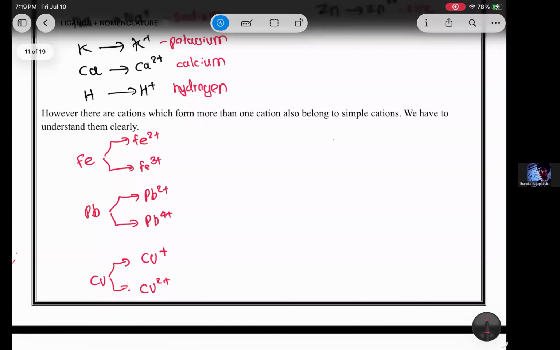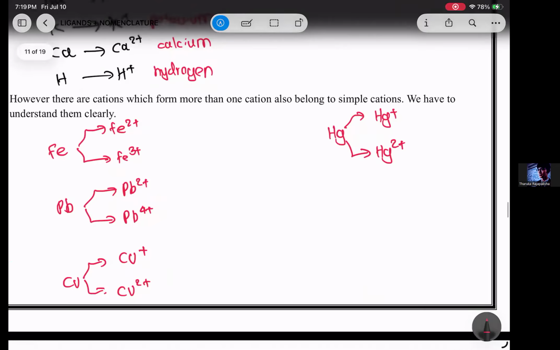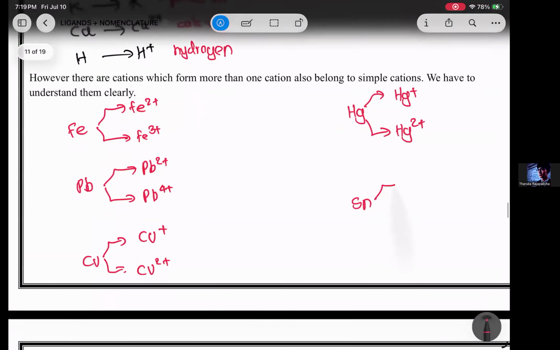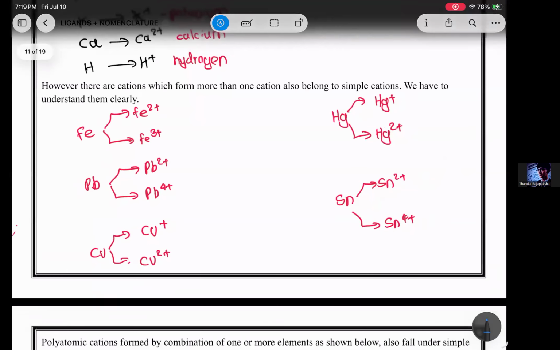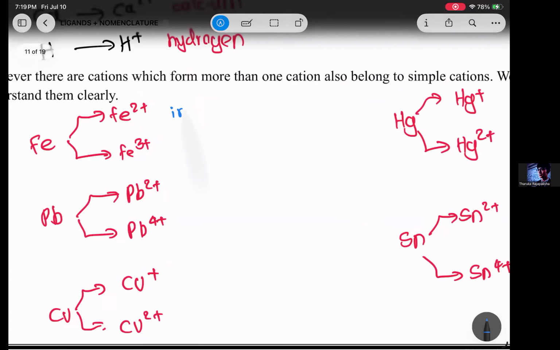And then there is mercury, Hg plus and Hg2 plus. Right, so tin 2 plus, tin 4 plus. Fe2 plus, you give the name iron 2. Iron 2. Easy, right?